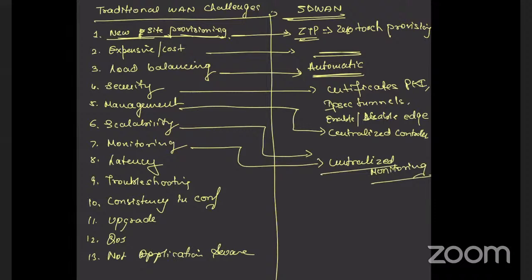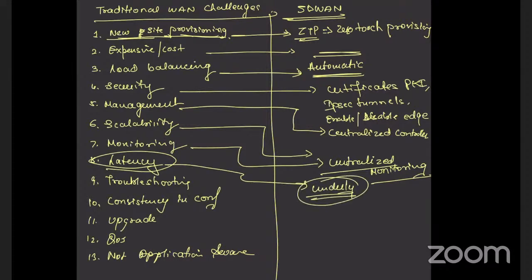Related to latency. Guys, if you are having latency in your underlay, then no one can do anything. SD-WAN also cannot help in that case. Whenever you get latency in your service provider environment, only the service provider will be able to resolve it. You cannot do anything except put the output from your tool and raise it.